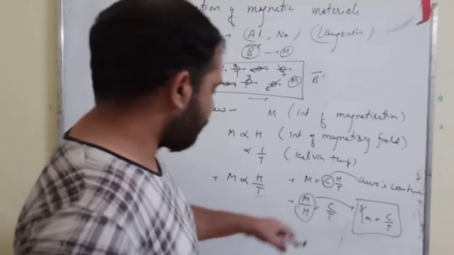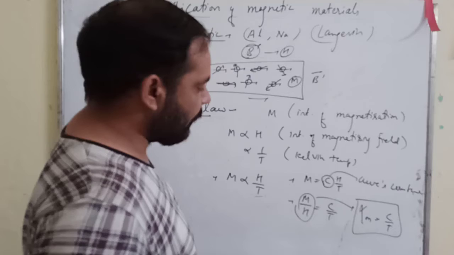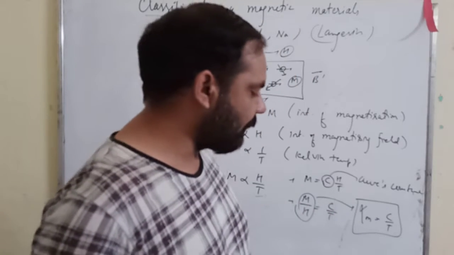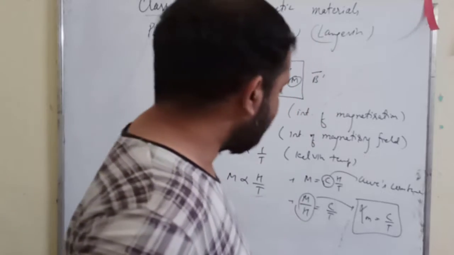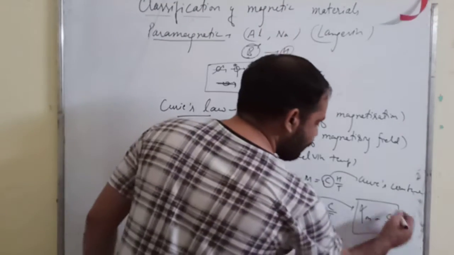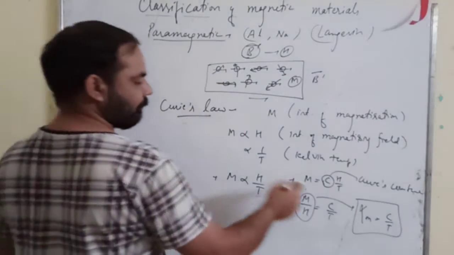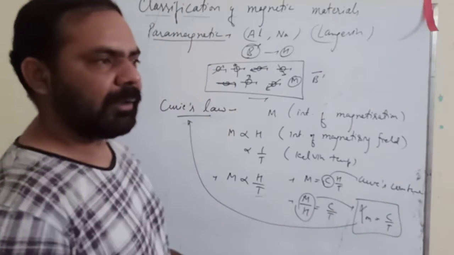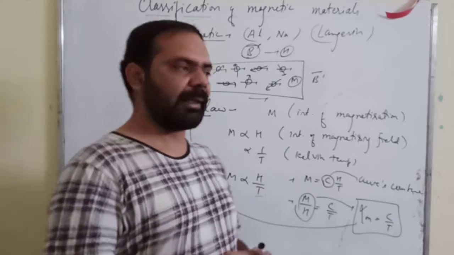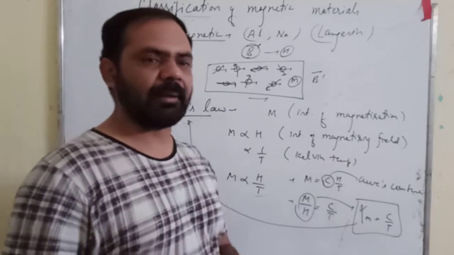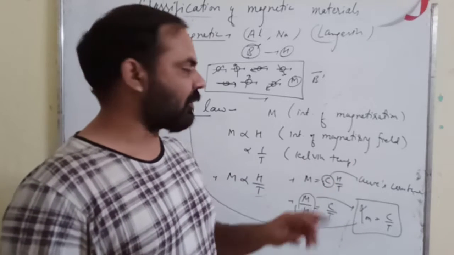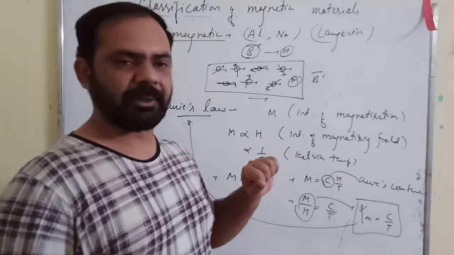So M upon H is equal to C upon T, and M upon H is replaced by chi M. So chi M is equal to C upon T. This statement is called Curie's law, that the magnetic susceptibility of a paramagnetic material is inversely proportional to the absolute temperature. Absolute temperature means Kelvin temperature.